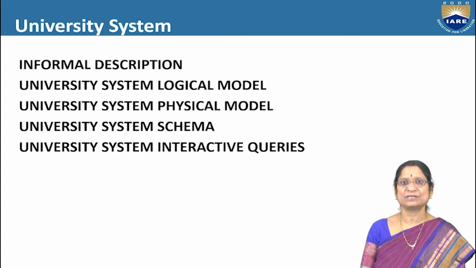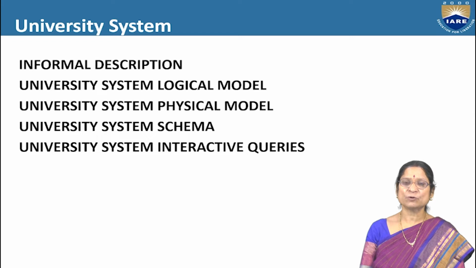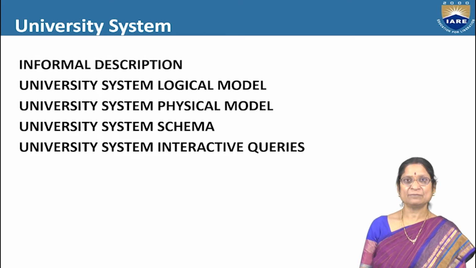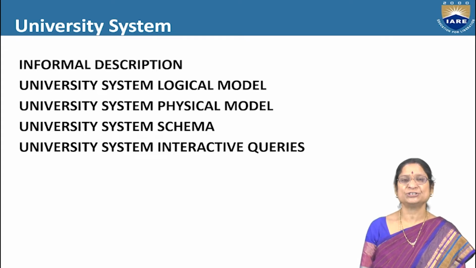Requirement analysis has to be done by us. Based upon the requirements, a logical model has to be developed. For the logical model, we discussed already the entity relationship model. But today we'll design a logical model based upon the IBM DB2 model. All are one and the same, almost; notational differences will be there actually.